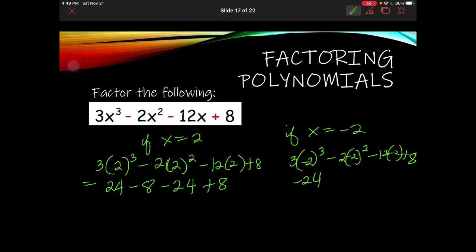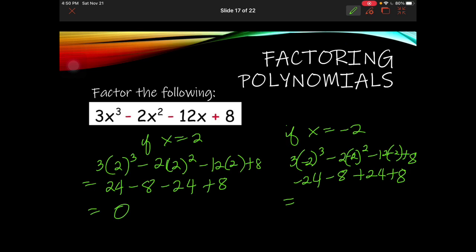And then, we will have positive 4 ito times negative 2. So, negative 8. This will be positive 24 plus 8. Okay. So, from here, makikita nyo po na we will have 24 minus 24 tapos negative 8 plus 8. So, kung itetest nyo man po yan, magiging 0 yan.